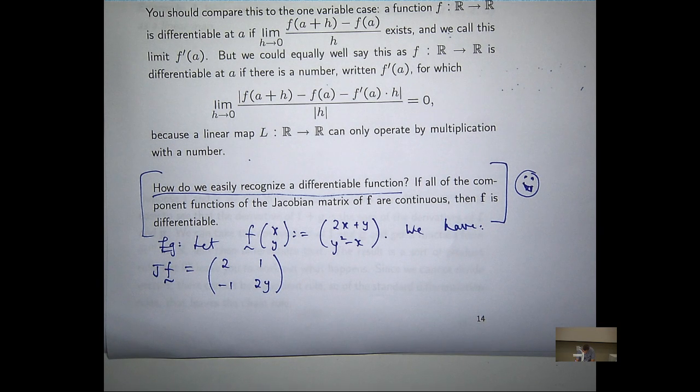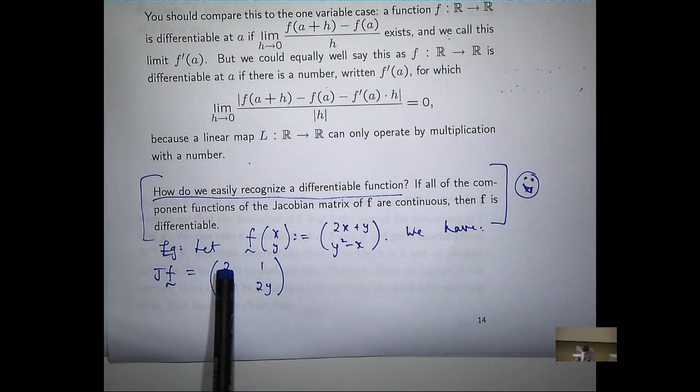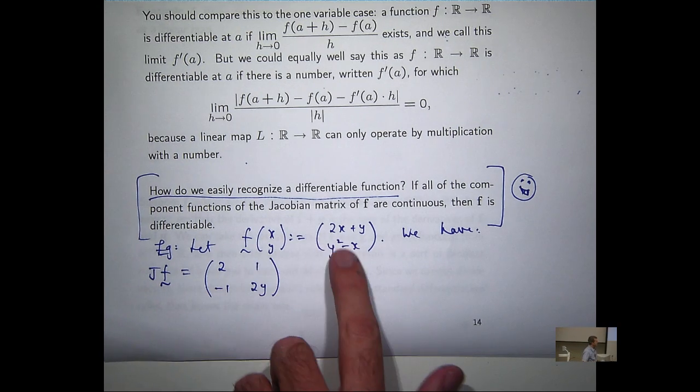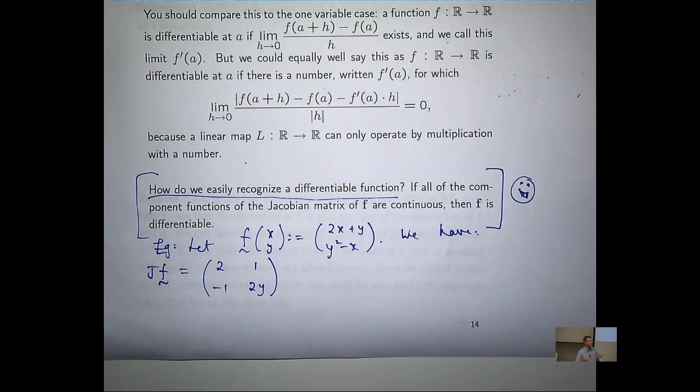Now, let's look at the elements, or the components, of the Jacobian. Are they all continuous functions? Yeah, well, constant functions are continuous, so they're all right. 2y, of course, that's continuous everywhere. So, from the above, we will conclude that this function is differentiable everywhere.